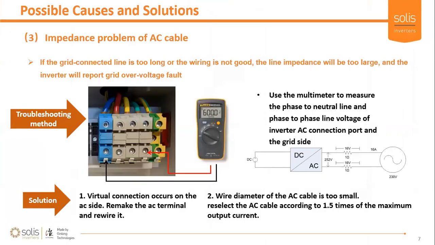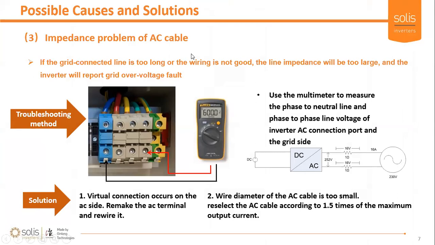Also, a possible cause will be an impedance problem of the AC cable. Sometimes, if the grid connected line is too long or the wiring is not very good, the line impedance may be too large and the inverter will report a grid over voltage fault. At that time, we should use the multimeter or the clamp meter to measure the phase to neutral line voltage and phase to phase line voltage at the inverter AC connection port on the grid side.